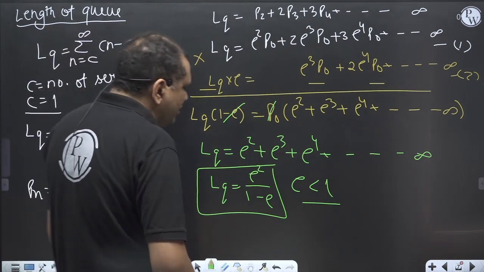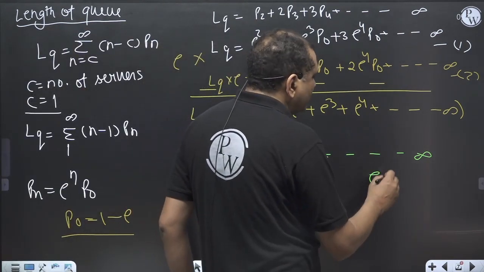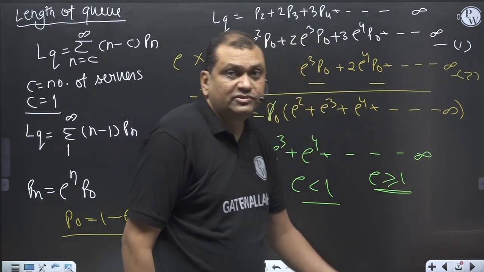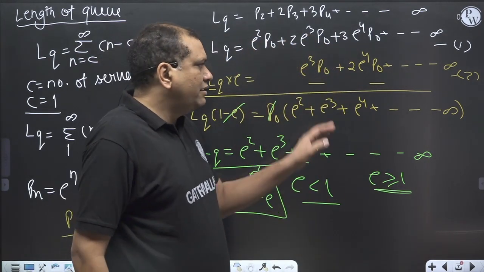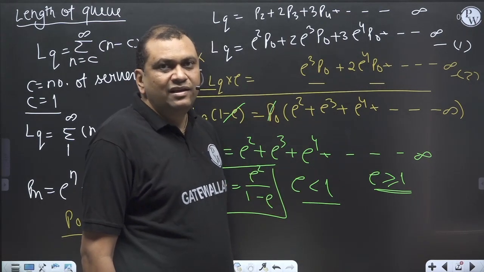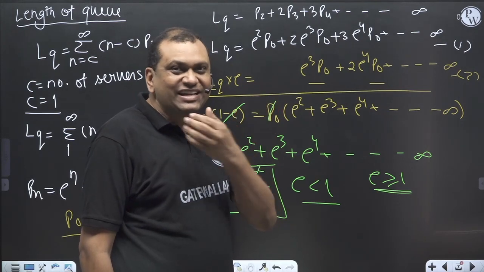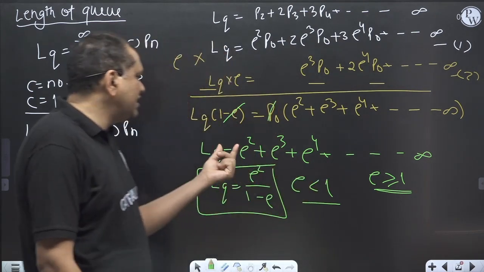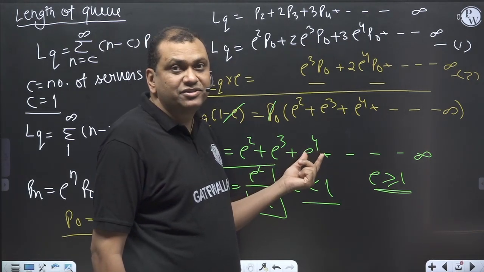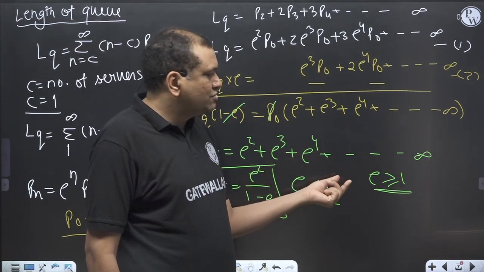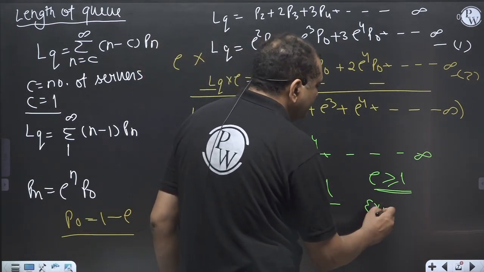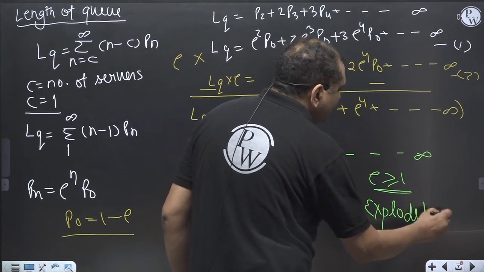In all these derivations, if rho is greater than or equal to 1, very carefully, then the queue cannot be exhausted. This series cannot converge. So this is called an exploded queue.